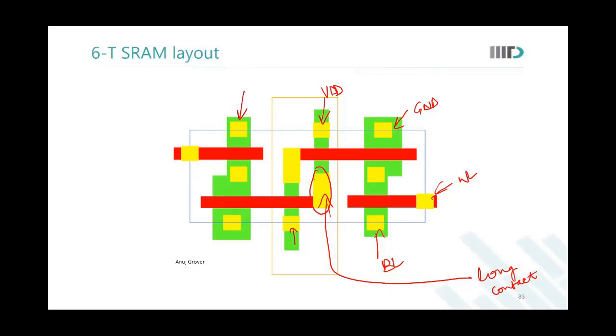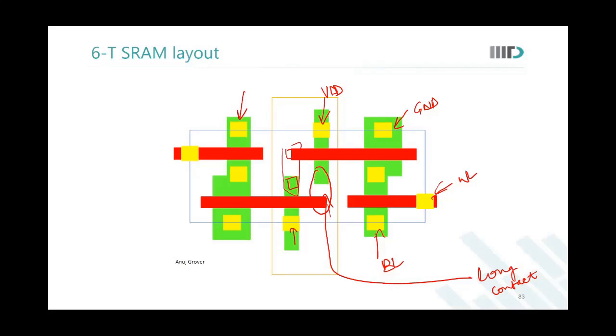Is there an area DRC on contact? No, sir. Sir, distance between two contacts. There is a DRC of distance between two contacts. So if I had not put this long contact over here, I would need to make a contact here and another contact here, and then connect them.